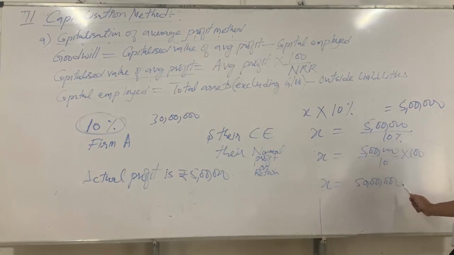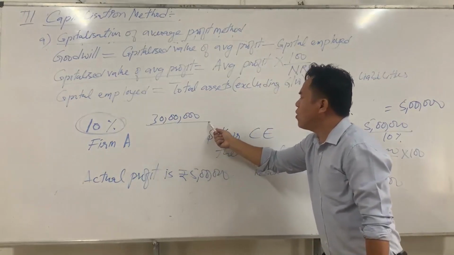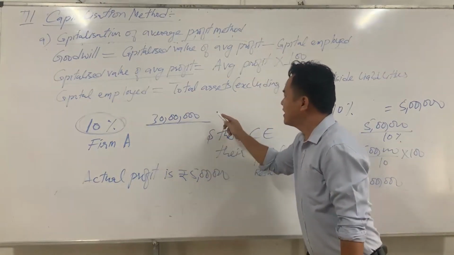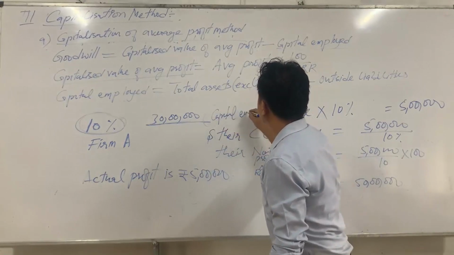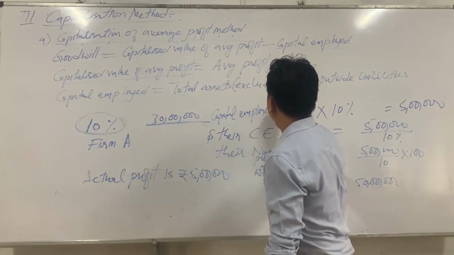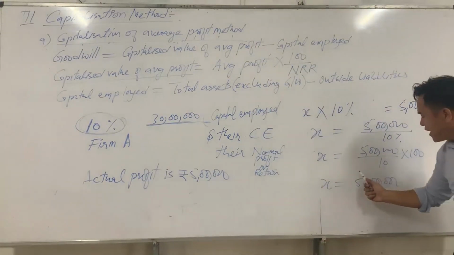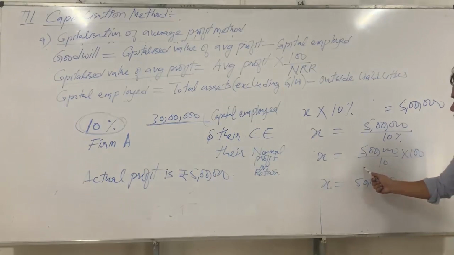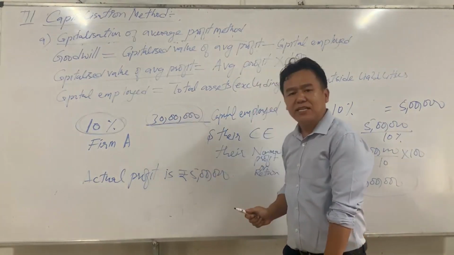Whereas, however, the firm has invested only 30 lakh as capital employed, which means our firm A is enjoying the market value of rupees 50 lakh just by investing rupees 30 lakh.